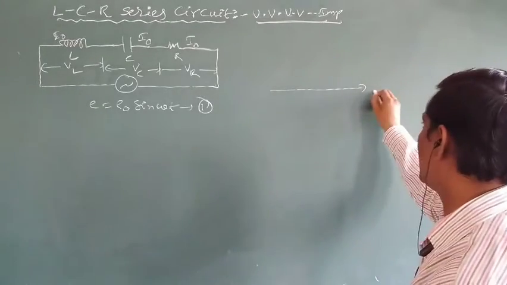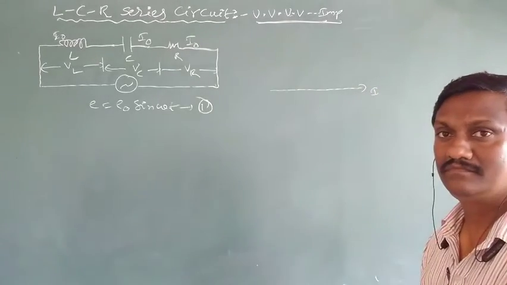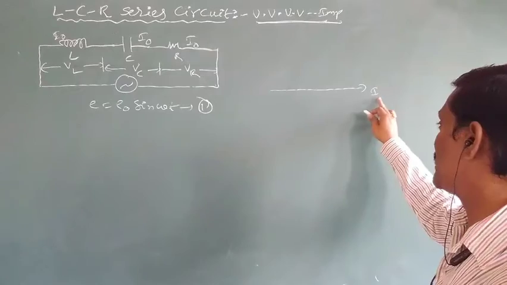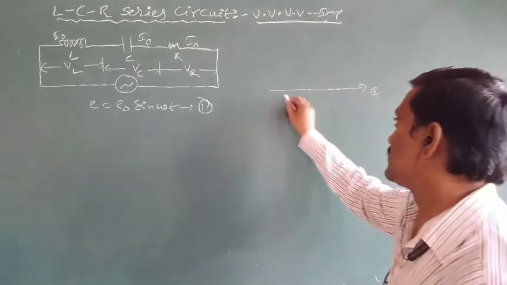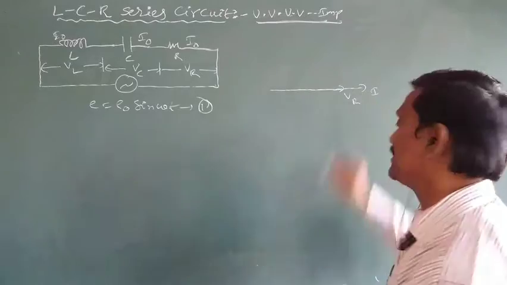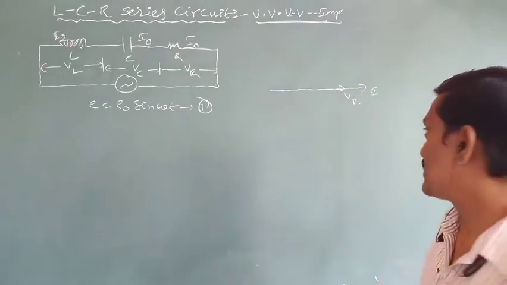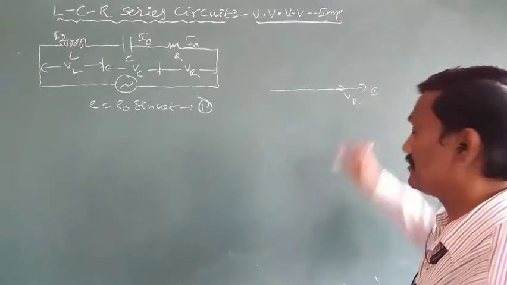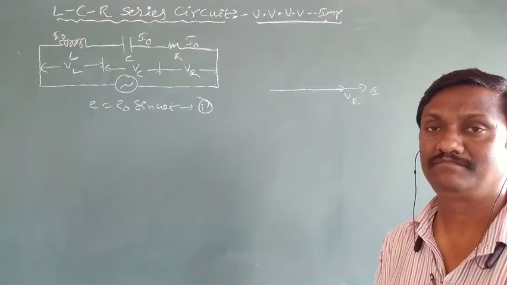The direction of current is always linear, and with respect to it, the potential difference across the resistor is also linear, because current and potential difference across the resistor are in the same phase.